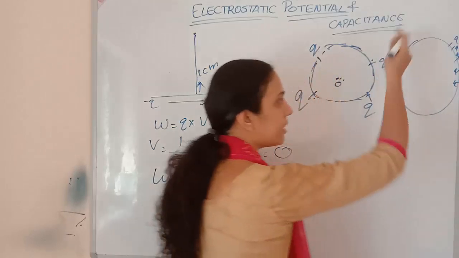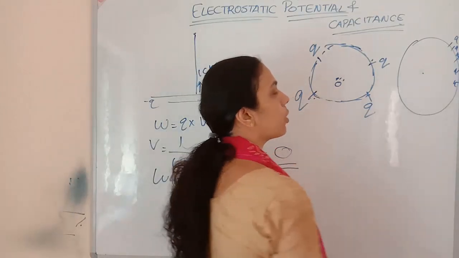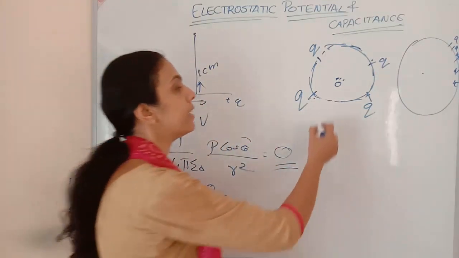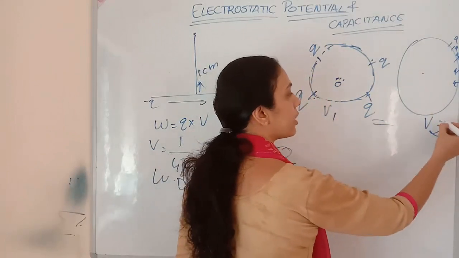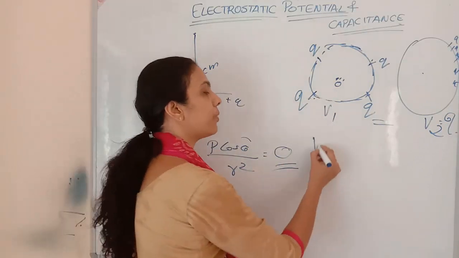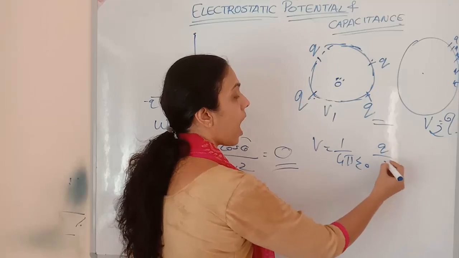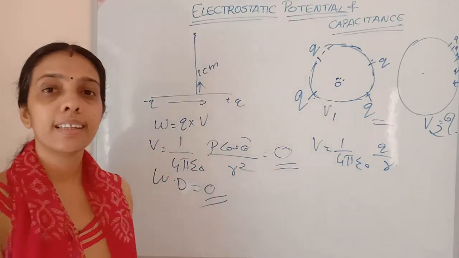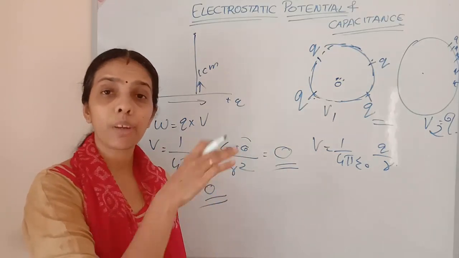What will be the potential in that case? Here it is given as V1 and this as V2. Whether V1 is equal to V2 is the question. We know V equals 1 by 4 pi epsilon 0 Q by R, where R is the distance of the point from the charge.